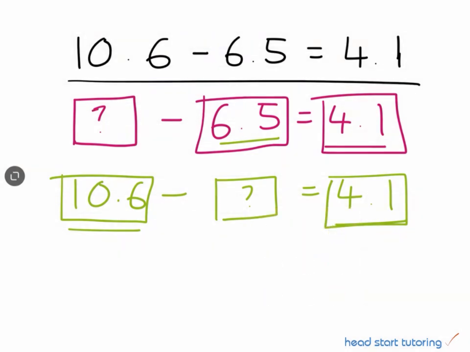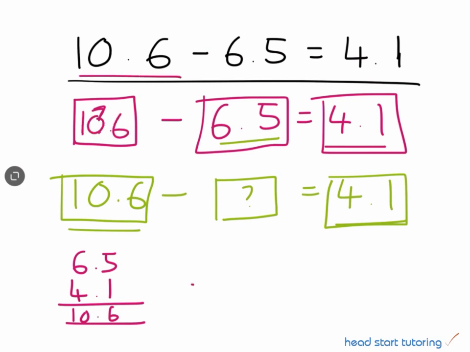So when we are not given the first number and we're minusing the second number and we've been given the answer, we add 6.5 plus 4.1, we get an answer of 10.6. So there's our 10.6, which is what we were hoping for.